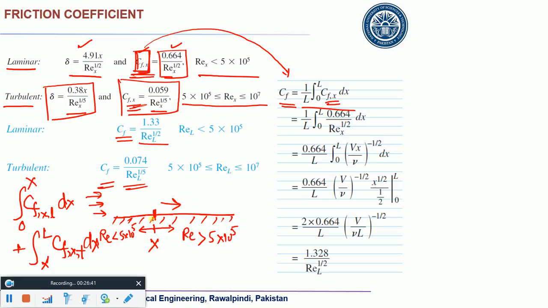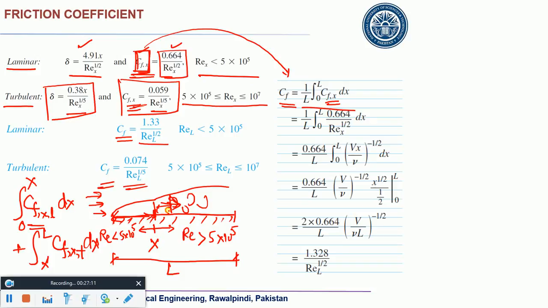So for length from X to L, you have to use the relationship for turbulent flow, and from 0 to capital X you have to use the relationship for laminar flow. What does that mean? That up to this point you have laminar boundary layer, and after this point you would have introduced those vortices, and from here to here you may have a transition region, and then the complete turbulent boundary layer can be observed.